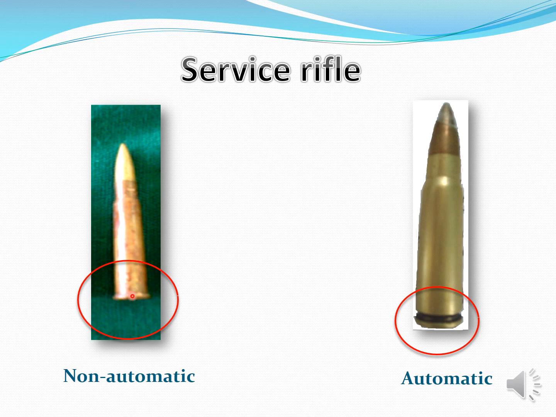But if we find a rim, it is like an edge, and it means that this weapon is non-automatic. So we differentiate between surface rifled weapons, either automatic or non-automatic, by the presence of groove or rim. Groove means it is an automatic weapon. Rim means it is non-automatic.